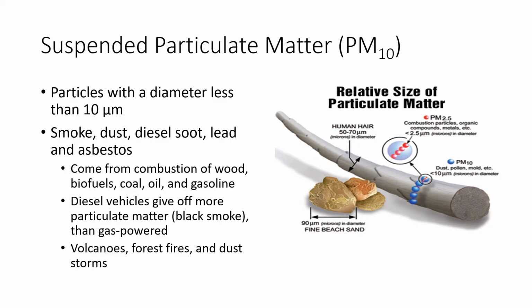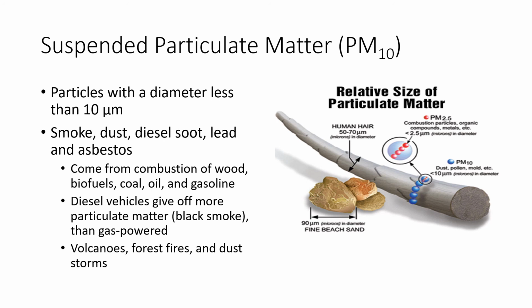Just to go through our major air pollutants, we'll start out with particulate matter, or PM10. That 10 is a subscript. A lot of times you have PM2.5, which is actually even worse, but we'll talk about that in just a minute. Basically, the smaller the particulate matter, the more damage it can do to your lungs.